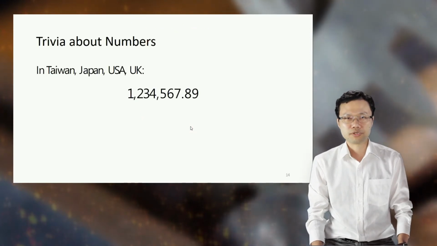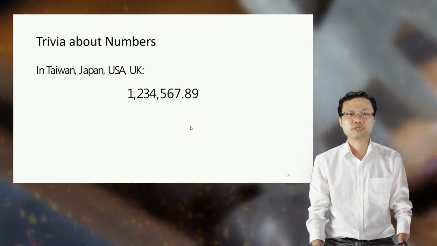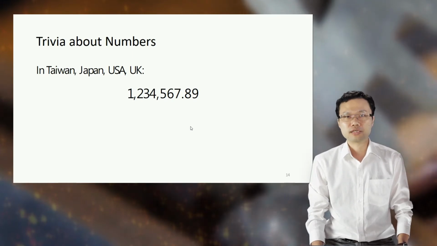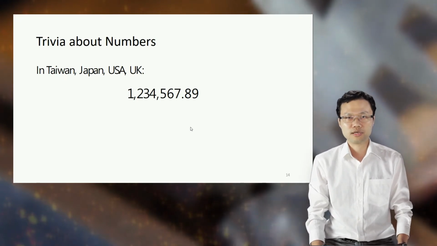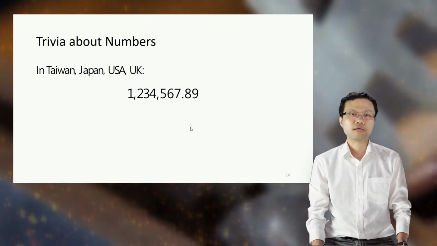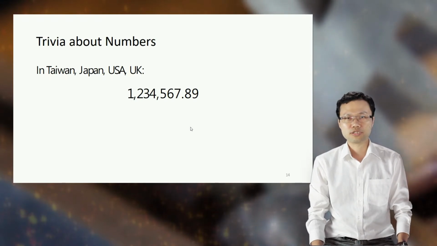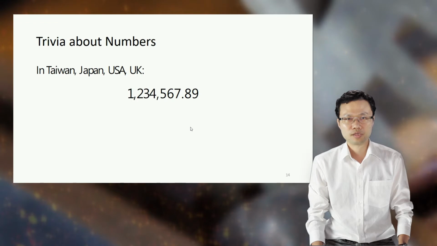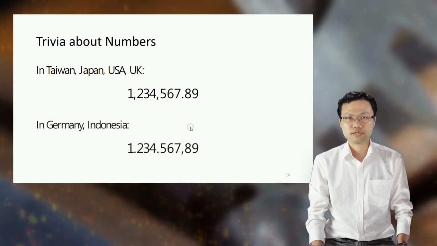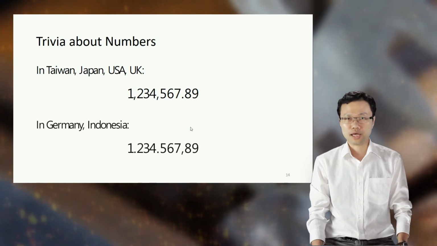Having finished the topic of the scale of numbers, in this slide, I would like to tell you some trivia about numbers. For numbers with integer and decimal parts, like this one, we write it as 1,234,567.89. You see this kind of notation in Taiwan, Japan, USA, and UK.